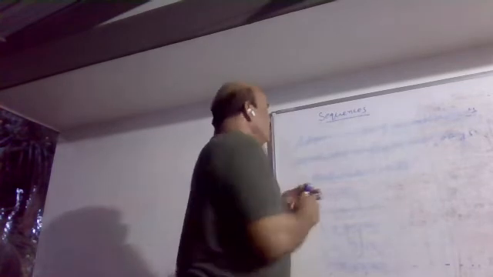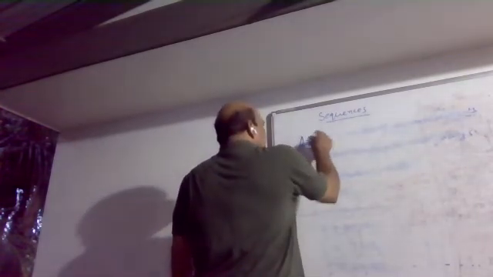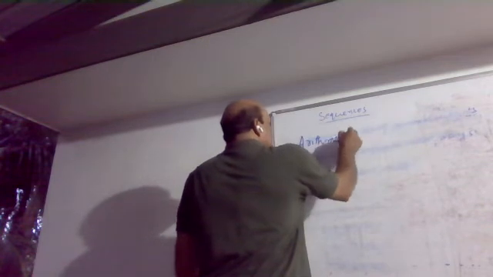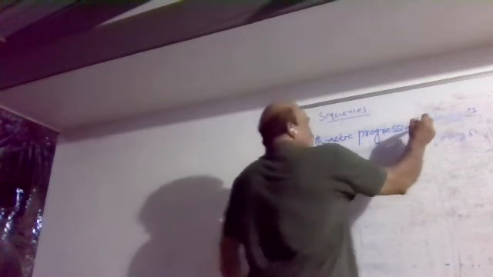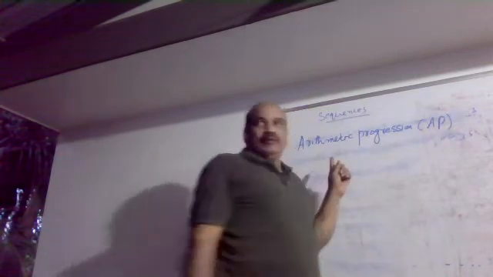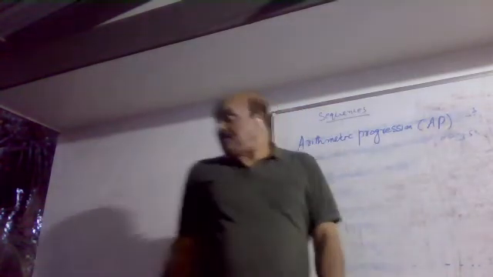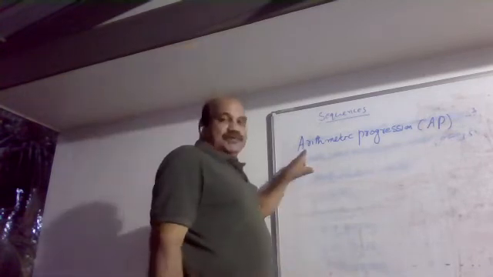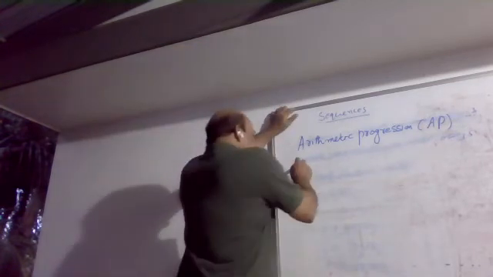Today we are going to learn about arithmetic progression. We also call it AP in short. Arithmetic progression, or AP. So what is arithmetic progression? Arithmetic progression is just like a sequence.